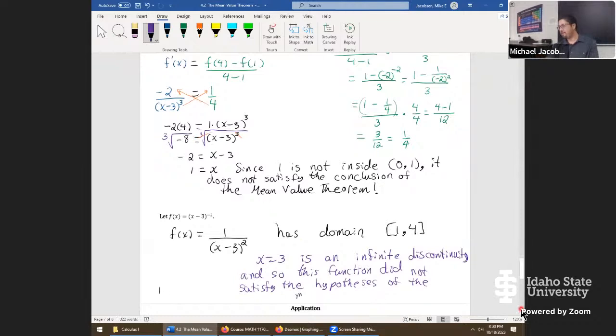Think I can fit that in there? Mean value theorem. So the theorem wasn't broken, it just had a discontinuity, but the theorem insists right away you're both differentiable and continuous. Continuous on the closed domain, differentiable on 1 to 4 as an open domain, an open set.